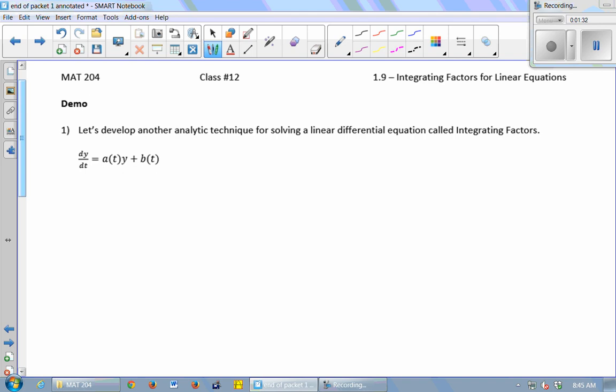All right, so I'm going to do a side here. Remember that if I want to take d dt of y times mu, and both of those things are functions of t, that's y of t times mu of t. How do I do that? The product rule.